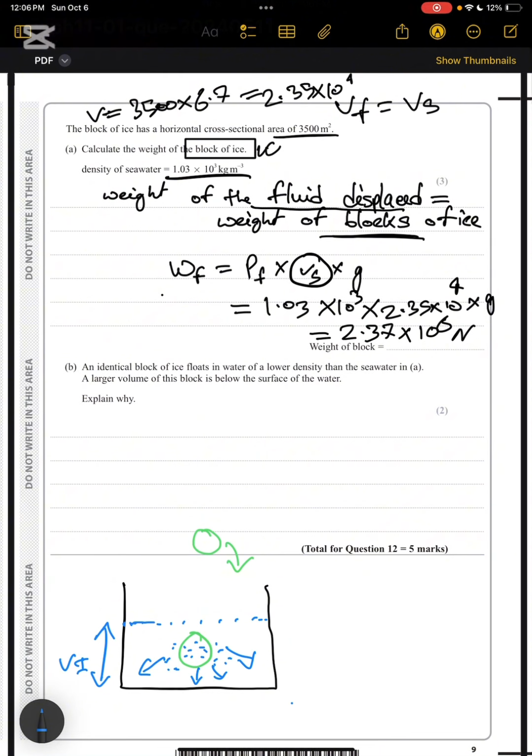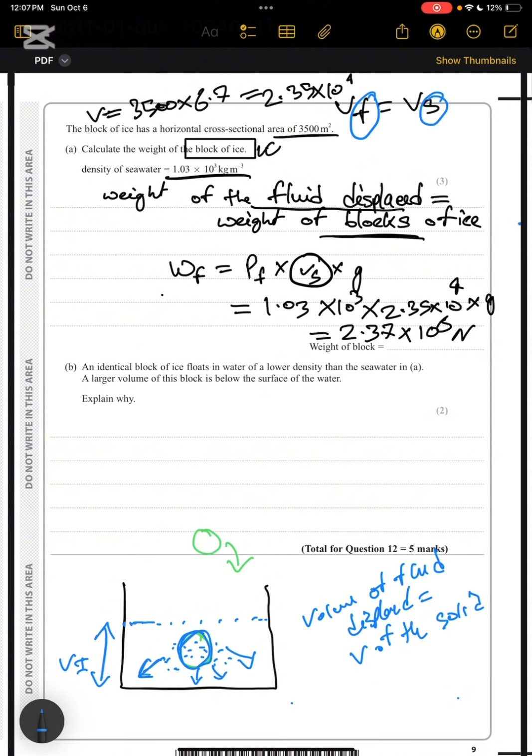So we can say the volume of fluid displaced is equal to the volume of this solid. This solid will displace the same volume of liquid as its own volume. So the volume of fluid displaced is equal to the volume of the solid.